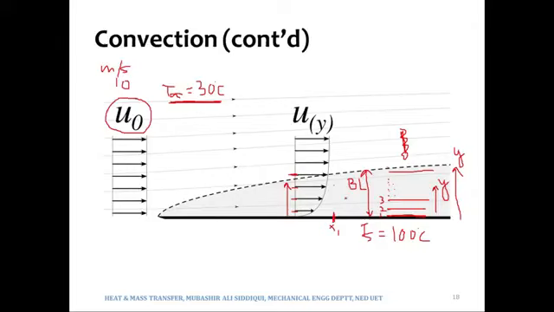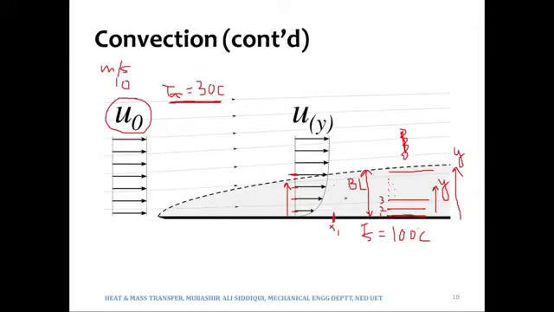So since the air has a very low value of thermal conductivity, the heat will not be conducted to air that easily. Since air is not a good conductor of heat, it will not take away the heat that easily, or that quickly, or that efficiently.